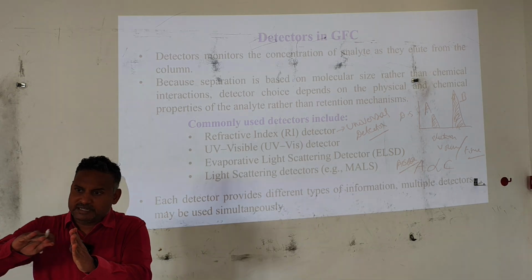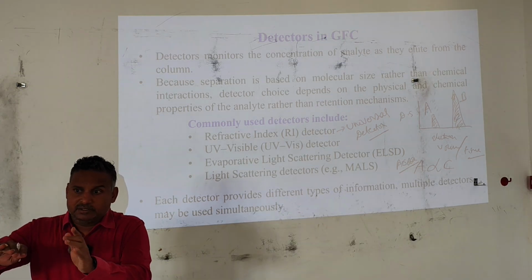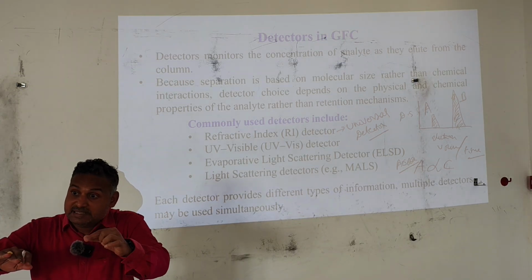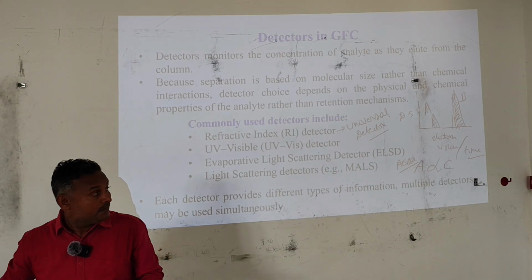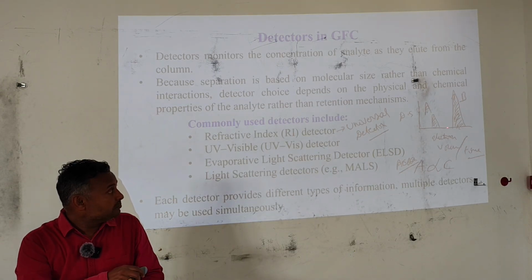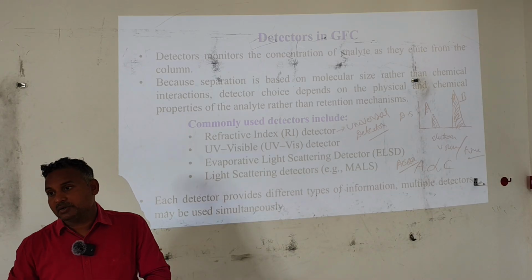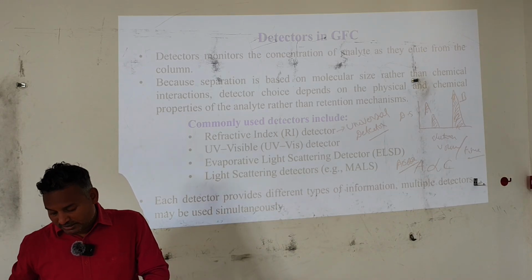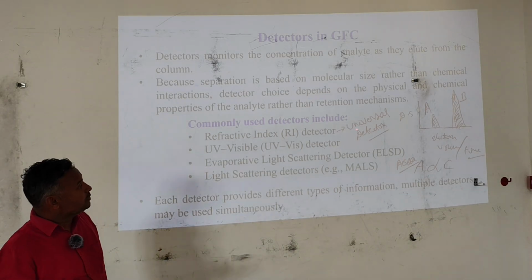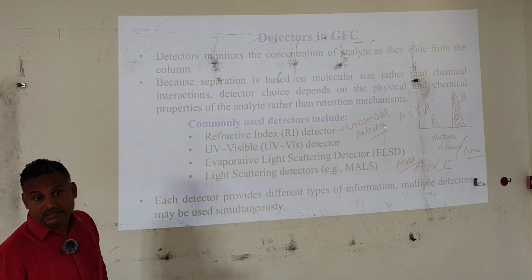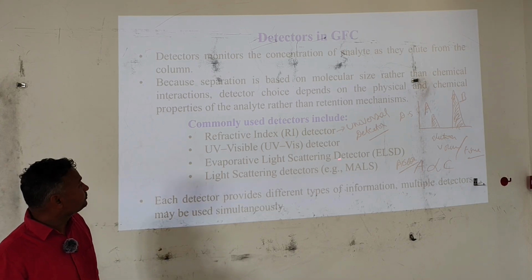Okay, that compound is detected. Now again there is a gap, and that gap will be like a baseline, and then another compound comes out. So that's how it will detect. It is a universal detector for detecting any kind of mixtures.